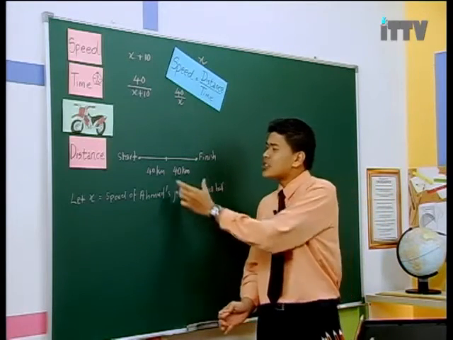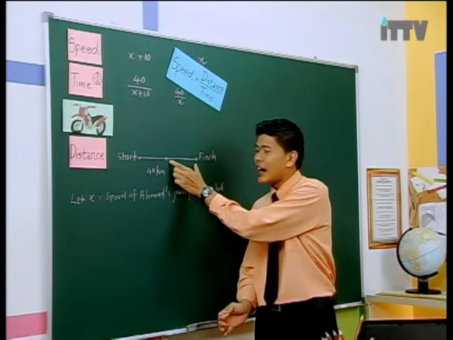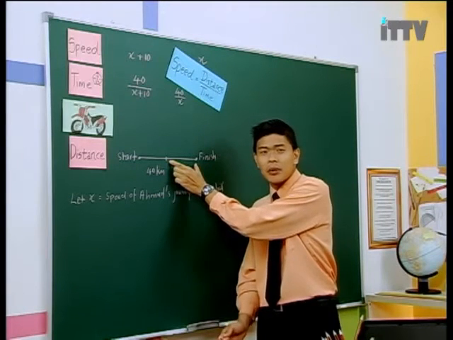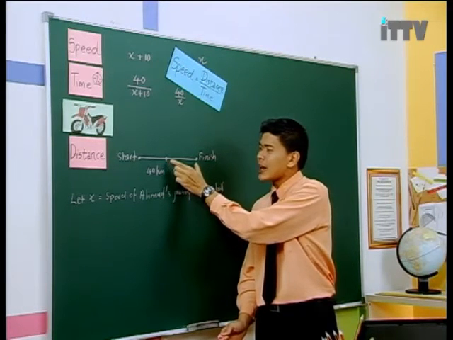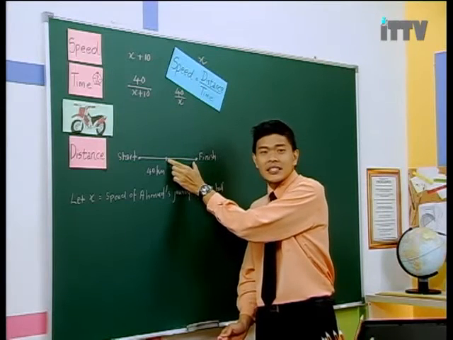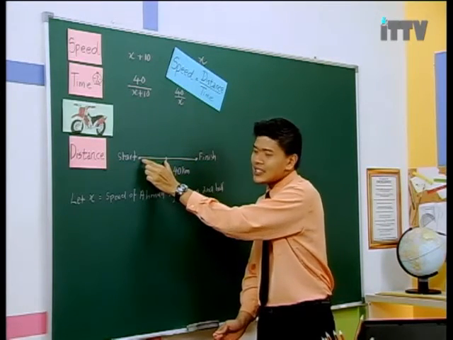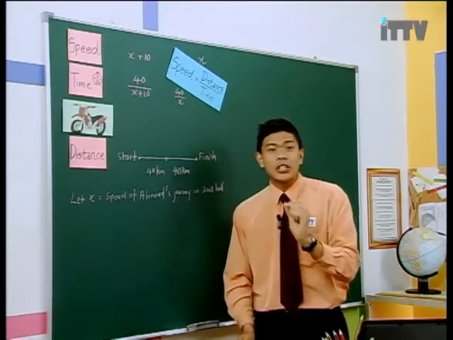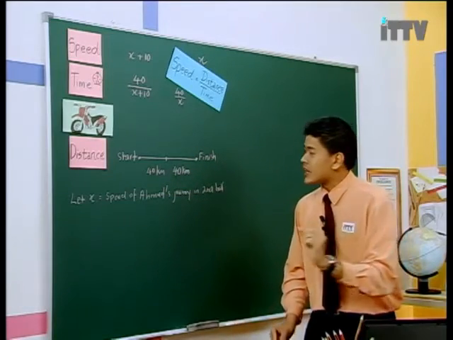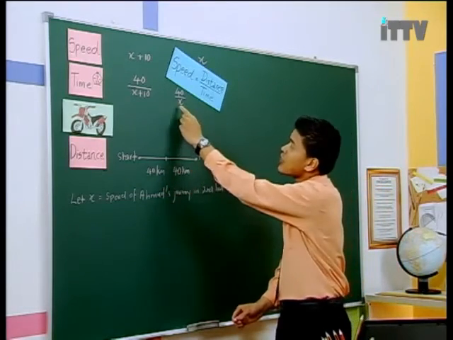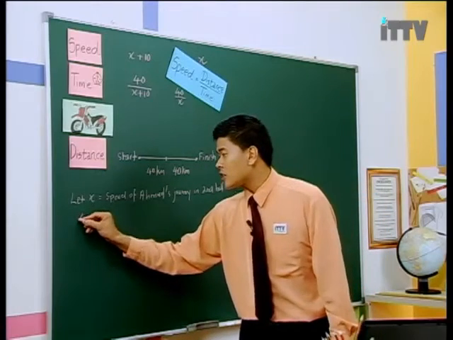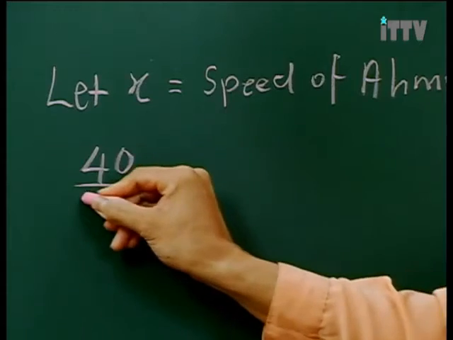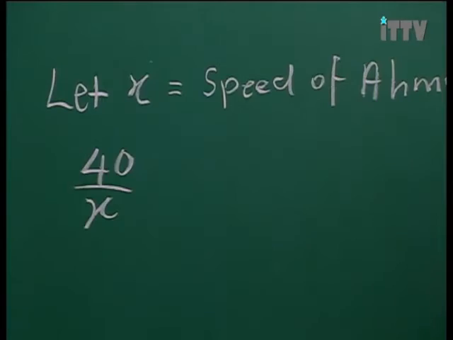Since he's traveling slower in the second half, he would have taken more time here. So the difference in time, when we take the time in the second half minus the time in the first half, should give you 20 minutes. And what is the time taken in the second half of the journey? It is 40 over x hours. Alright?